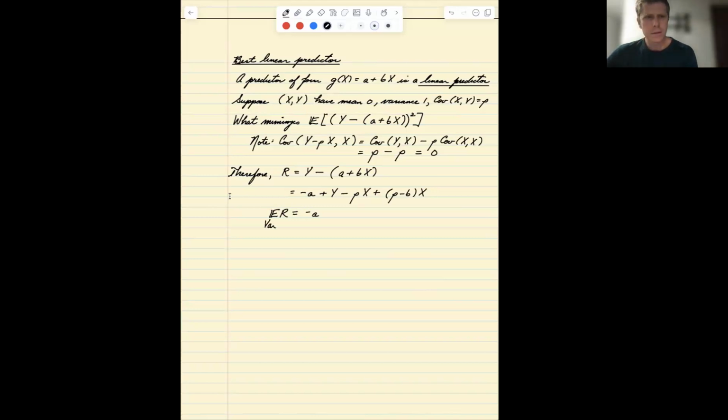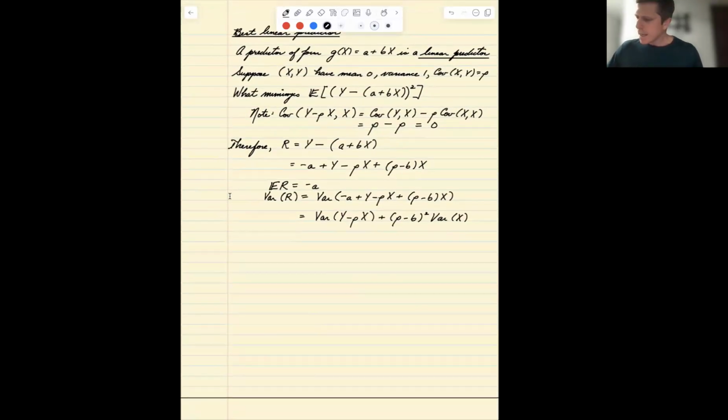And the variance of our error, which is the variance of minus a plus Y minus rho X plus rho minus b times X: the constant doesn't affect anything, so it's the variance of Y minus rho X plus rho minus b squared times the variance of X. And the mean squared error is the expectation of R squared, that's the definition of mean squared error.